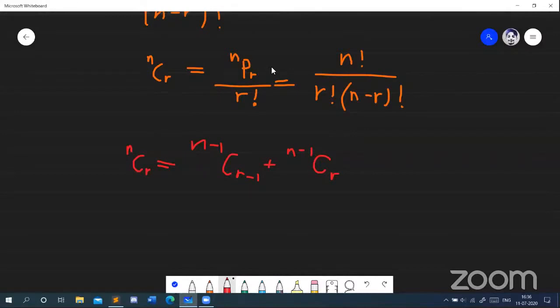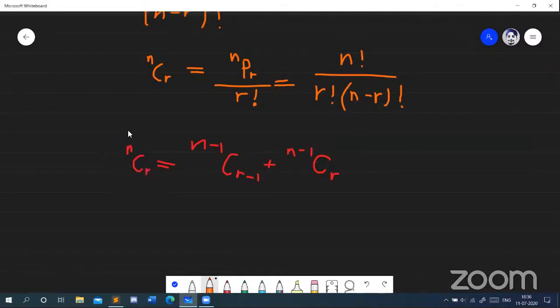But one way to prove this identity can be to expand these, right? You can use this formula n factorial over r factorial n minus r factorial. But we're not going to do that. Instead, we're going to invoke the principle of bijection, and that'll simplify all the calculations for us. How? The left hand side says n choose r.